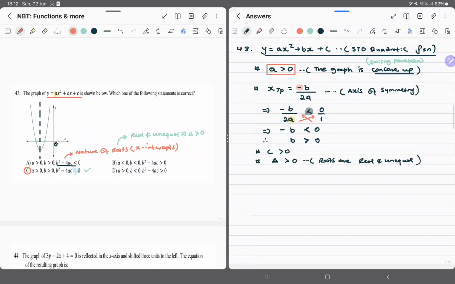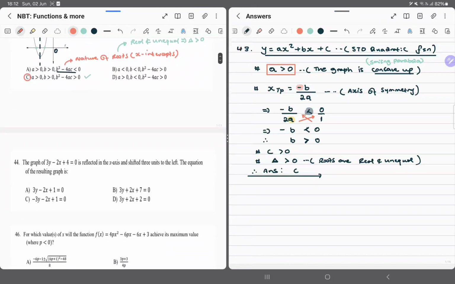But if it is not a perfect square, we say the roots are irrational. So this is important, guys. We can see that this essentially concluded that our answer in the question is option C. Okay, let's move on to the next question.